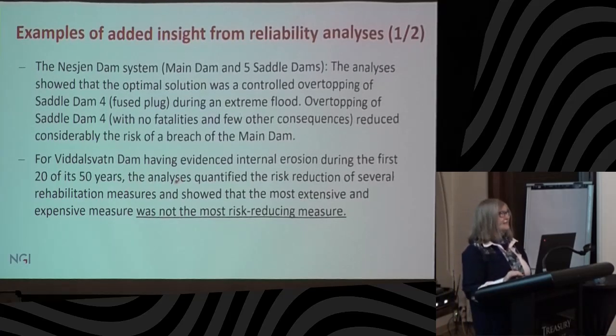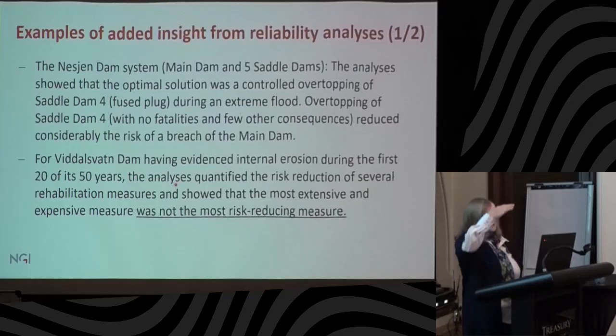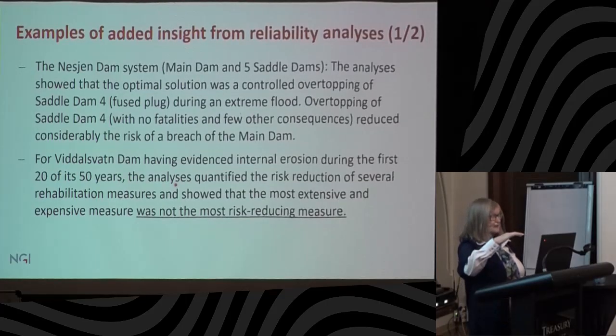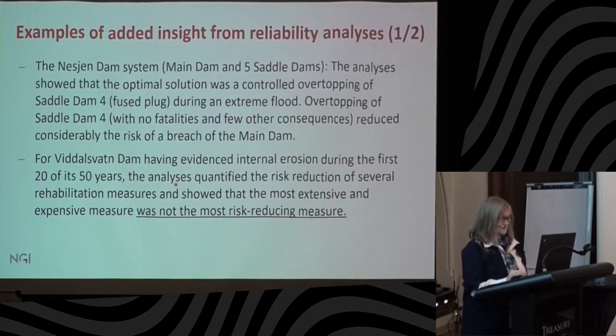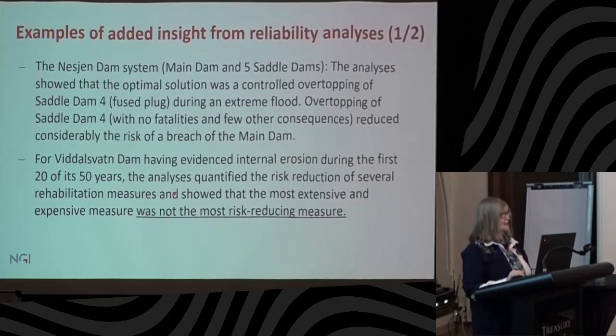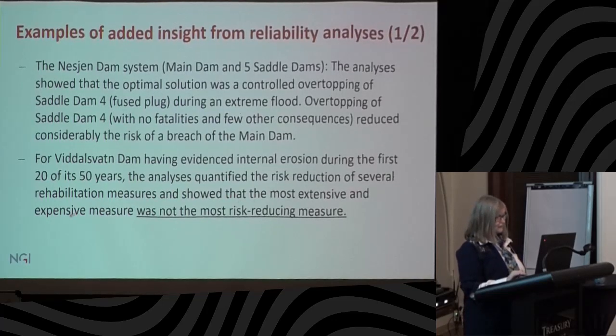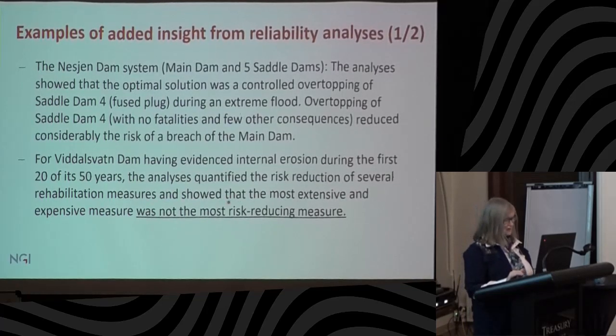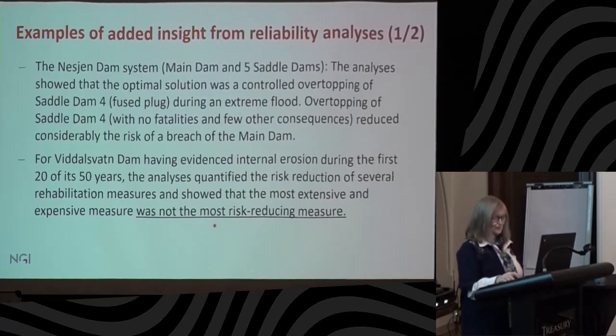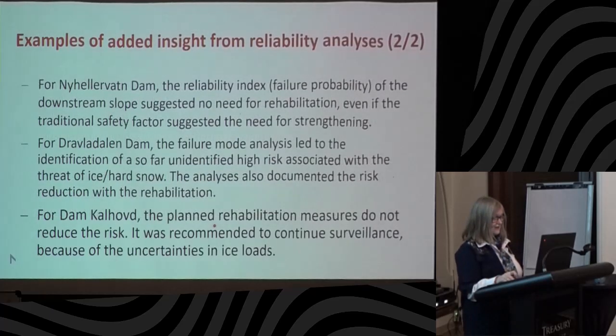So there were 5 different remediation measures, including complete excavation with grouted material and different aspects, and also one of them was instrumenting so that you can measure leakage. The analysis quantified the risk reduction of several rehabilitation measures and showed that the most extensive and most expensive was not the one that was reducing the risk most. And so that helped the owner to make a decision.